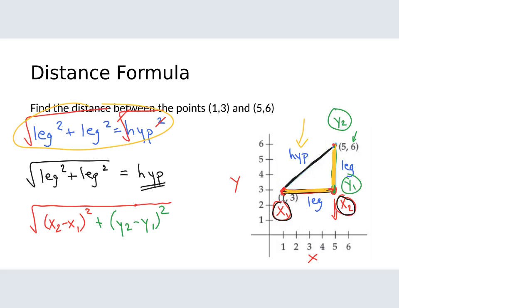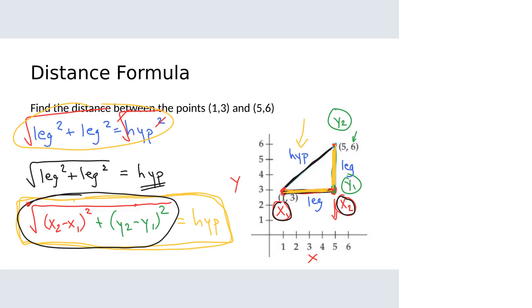Taking all that together, if I want the length of the hypotenuse, this is the formula I would use. And as it turns out, the thing in that yellow box right there is our distance formula. If we want to find the distance between any 2 points, the formula we're going to use is right there.